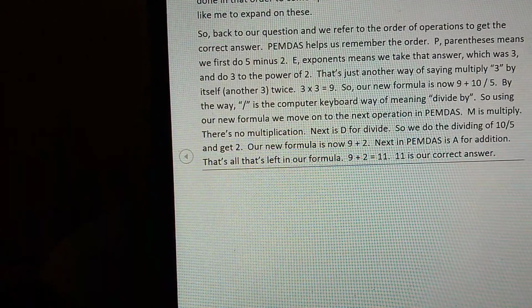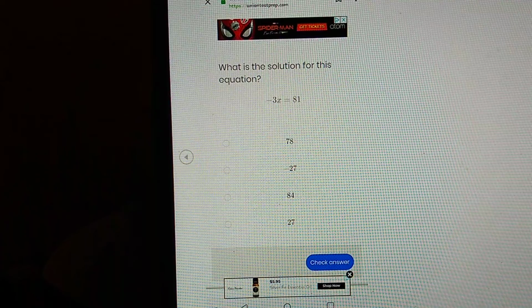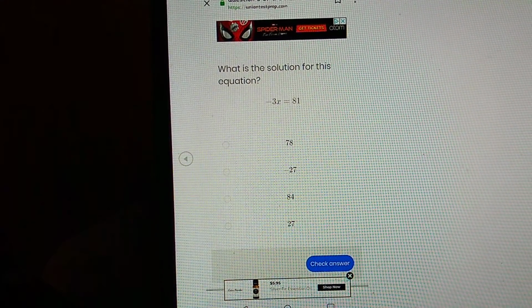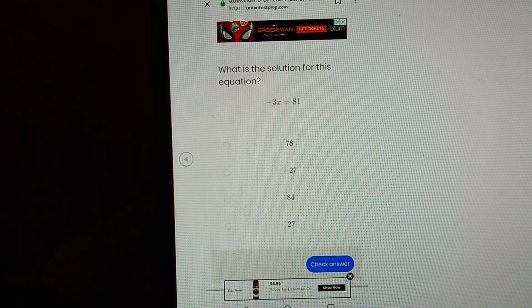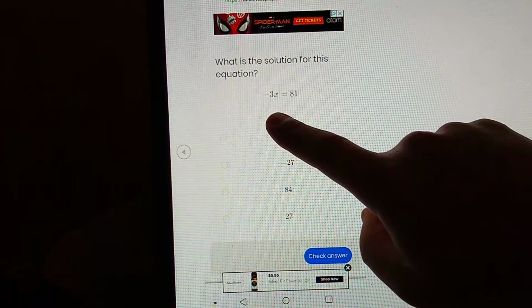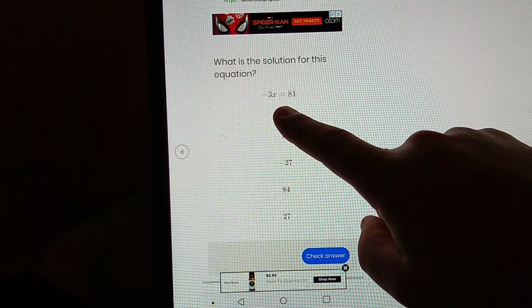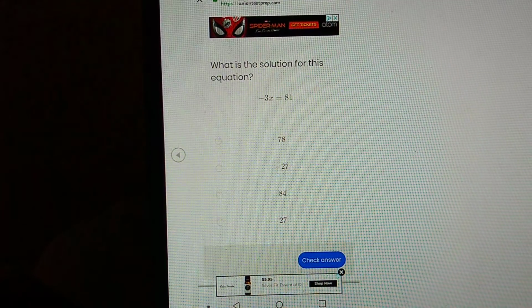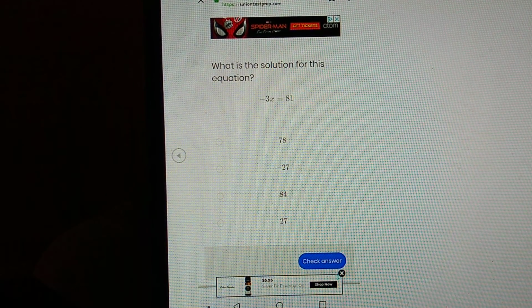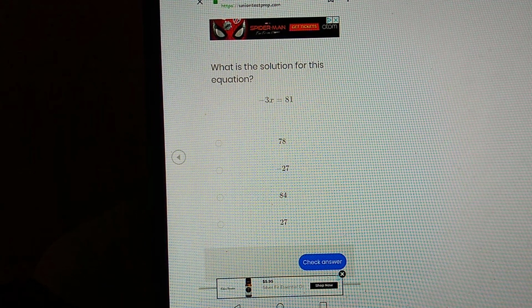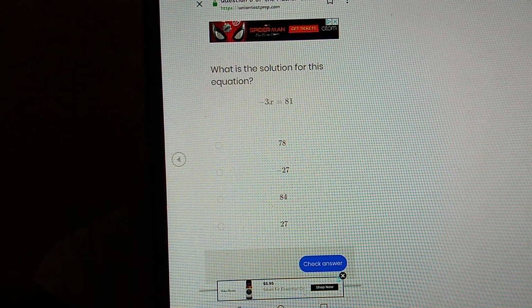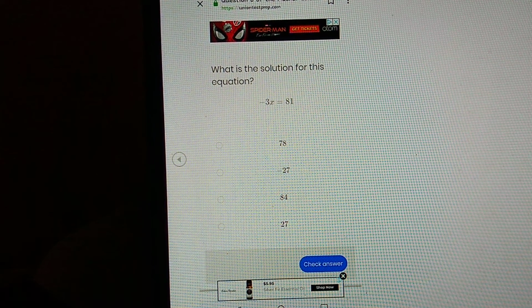So that's that problem. And then moving on, I have one more ready right now for this video. Question number 6 says, what is the solution for this equation? Negative 3x equals 81. So, to evaluate this equation and others that have just one variable, which means any letter representing a number or numbers, all we have to do is remember this rule.